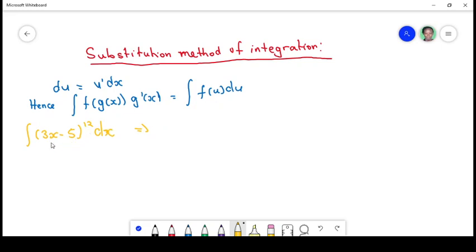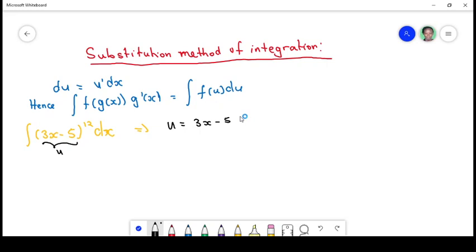So in substitution, we want to write the whole of this as one function. Let's say u. So I want to say my u is equal to 3x minus 5, because if it's just one variable, it becomes easier.